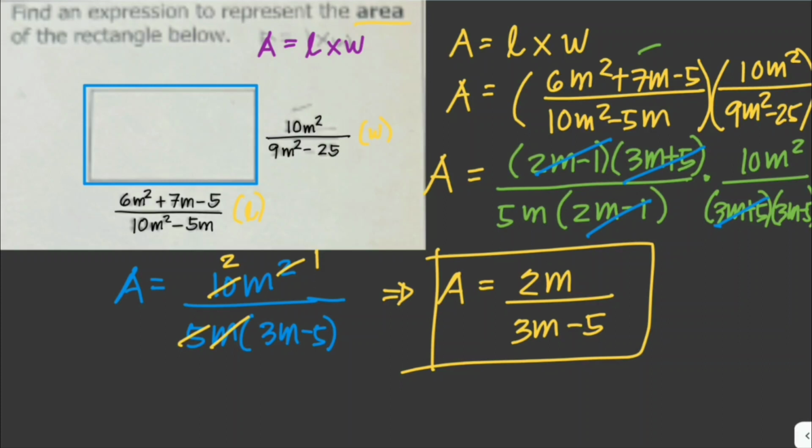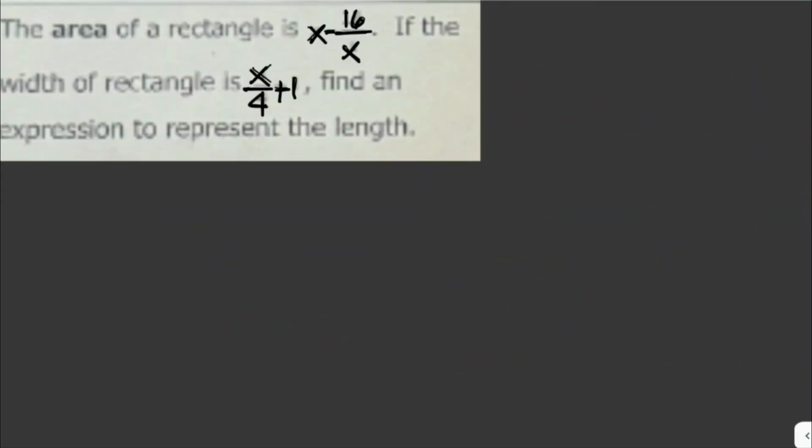Now let's solve another problem. All right, how about this problem? The area of a rectangle is x minus 16 over x. If the width of the rectangle is x over 4 plus 1, find an expression to represent the length.